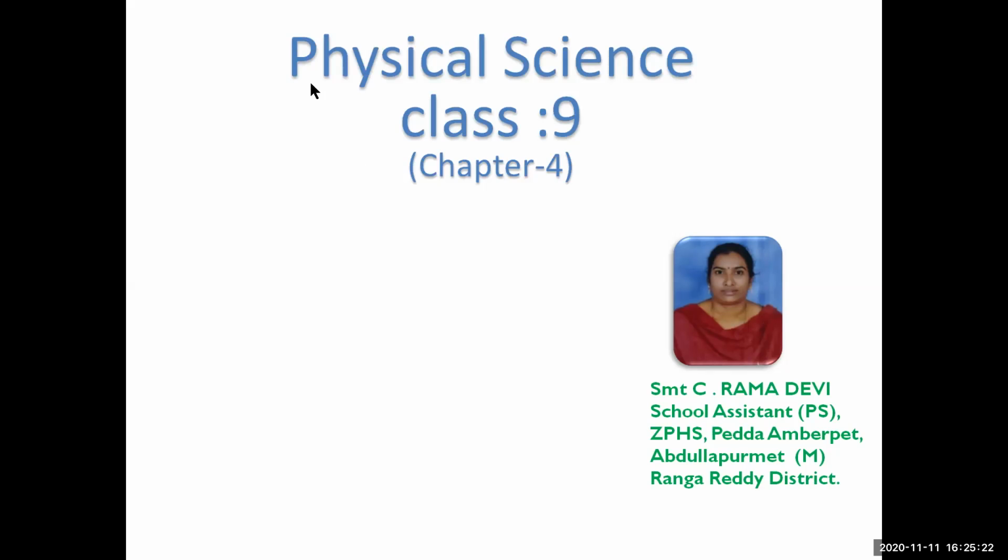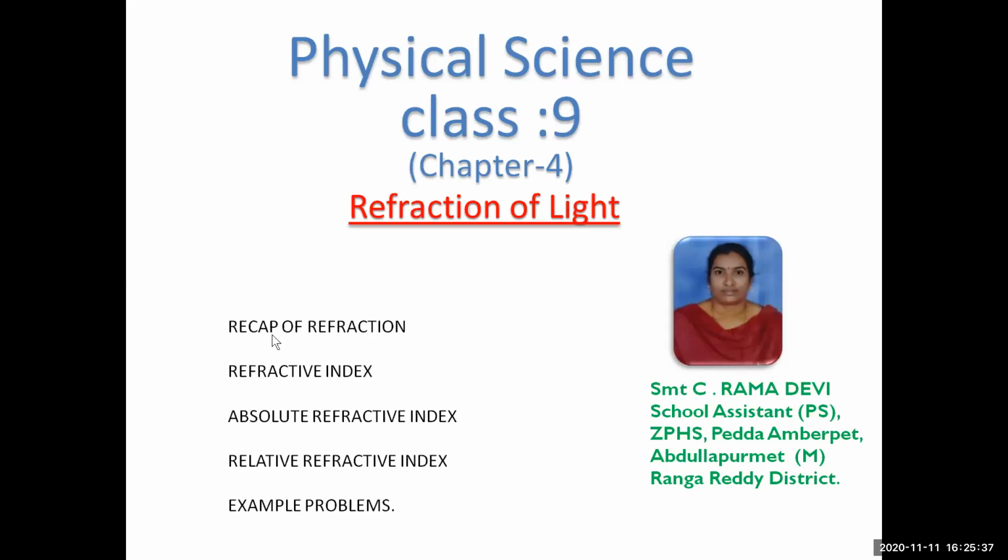Now today we are going to discuss, for the 9th class students, Physical Science subject, Chapter 4, that is Refraction of Light at Plane Surfaces. In this chapter, we are going to discuss the recap of refraction and what is refractive index.